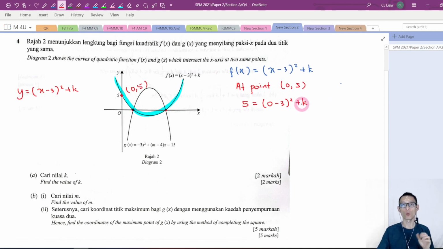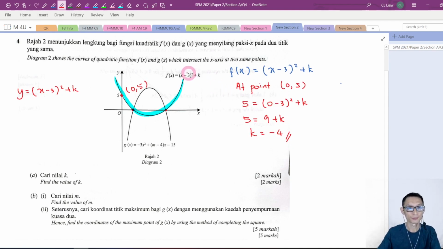Okay, now we only have one variable, which is k. Sorry, this is a constant. So we can find the value of k easily. Negative 3 squared, you will get 9. k is equal to 9 minus 5, which is equal to negative 4. Okay, k is equal to negative 4.